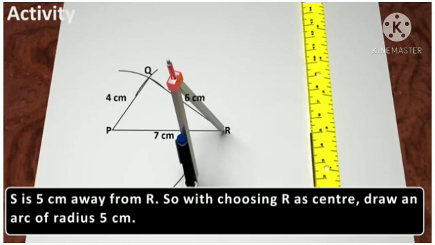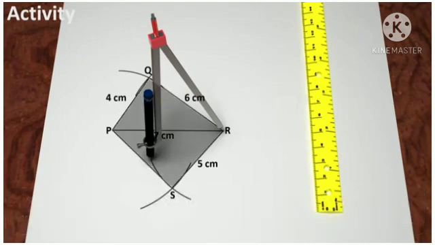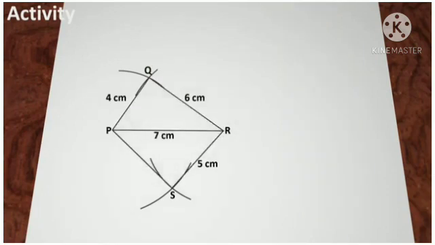S is 5 cm away from R. So, with choosing R as center, draw an arc of radius 5 cm. This arc will intersect somewhere at the previously drawn arc. The point S lies on both the arcs, so it is the point of intersection of the two arcs. Now, mark S and complete PQRS. So, PQRS is the required quadrilateral.